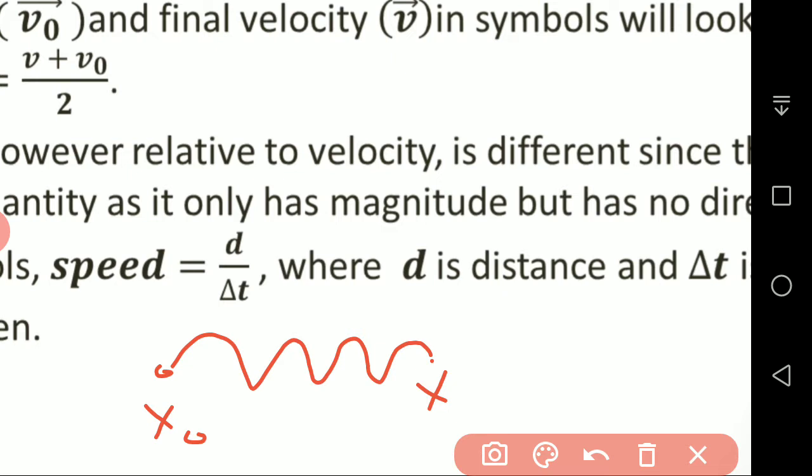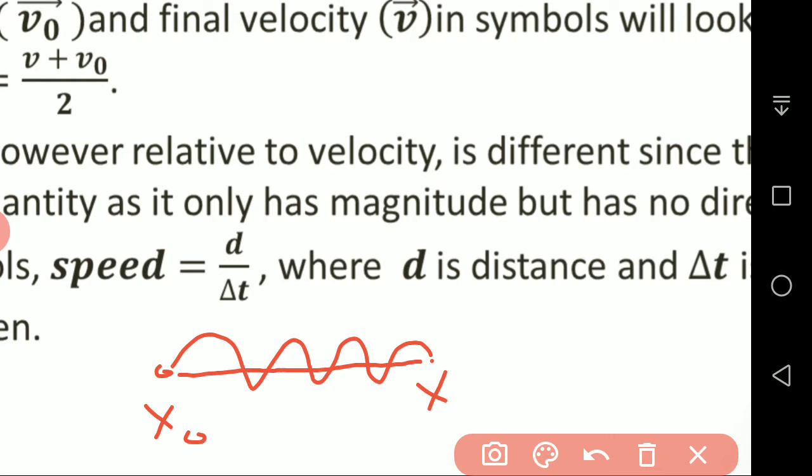Ibig sabihin, yung shortest na distance from the initial position papunta dun sa final position, yun lang yung pinapakailangan niya. Yun lang yung tamang term dito. Doon lang siya concerned.